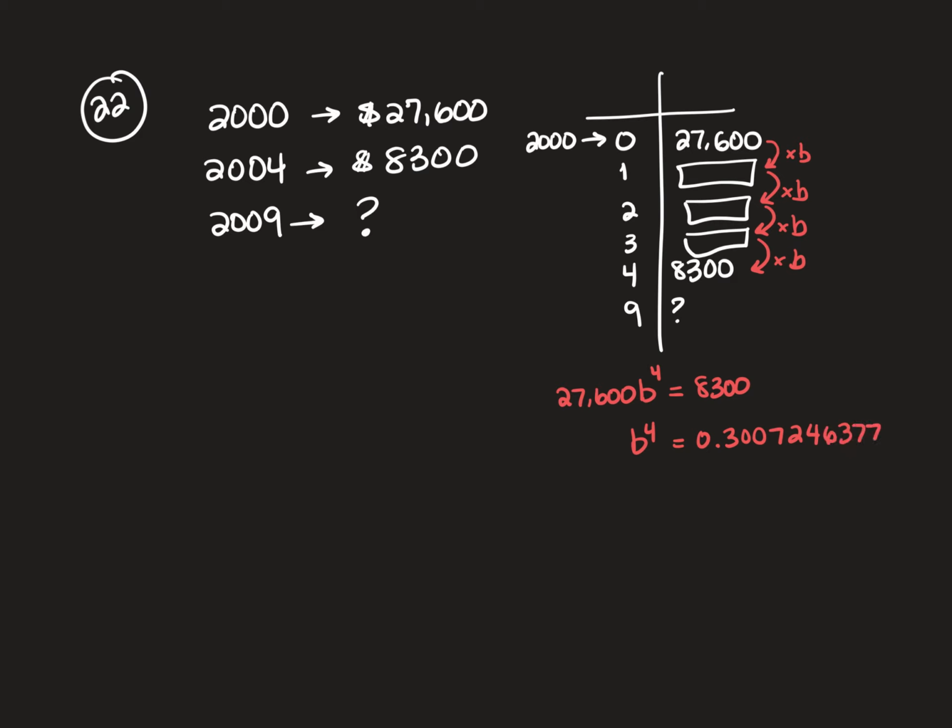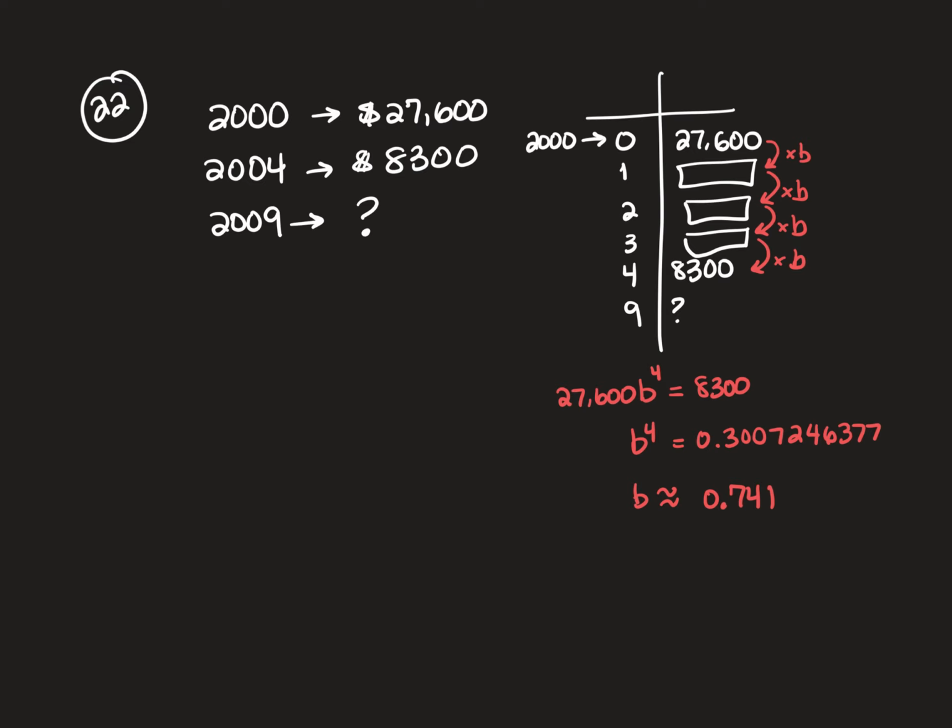I'm just writing the whole thing out there. And then I either can raise that to the 1/4 power, or I can take the 4th root of it. You decide which one you like better on your calculator. And what I get is b is approximately 0.74, we'll say 0.741, because it's 0.7405.